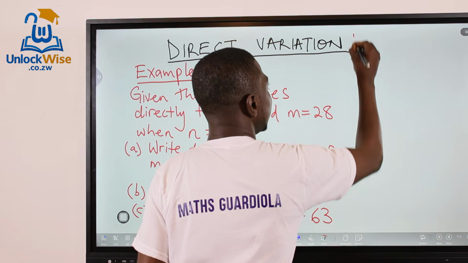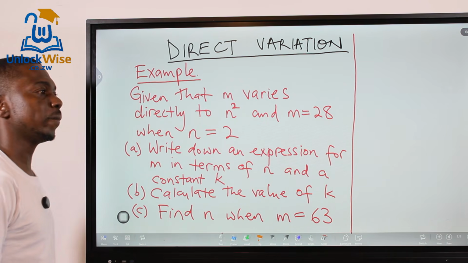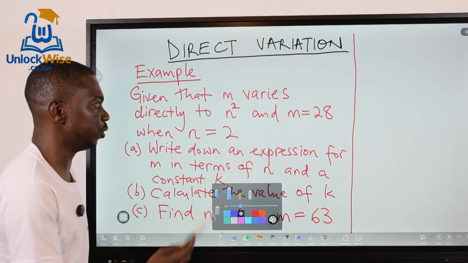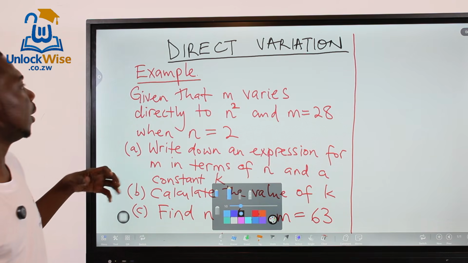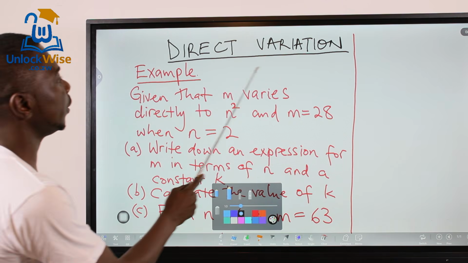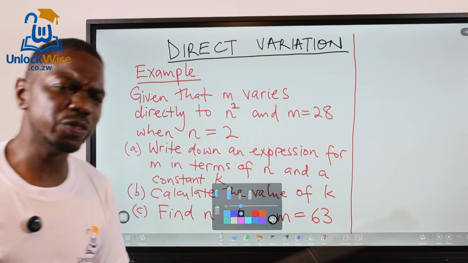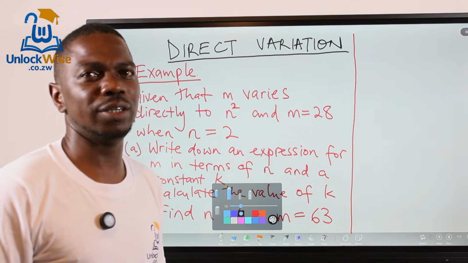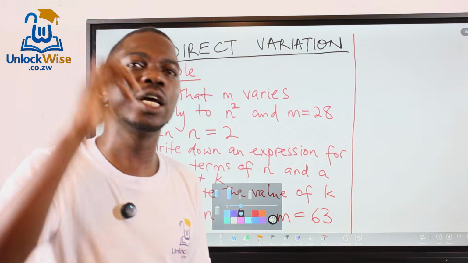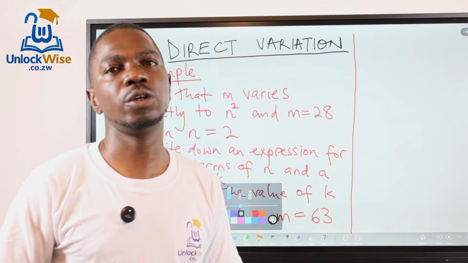Let me do this so that I can put my workings there. The first thing I want you to notice is that you are given that m varies directly to n squared. One of the things I have noticed and learned to appreciate on variation questions is the first statement will tell you the type of variation you are dealing with.